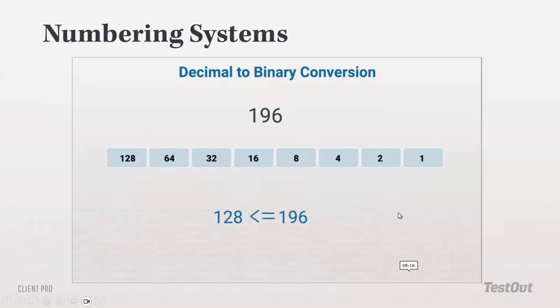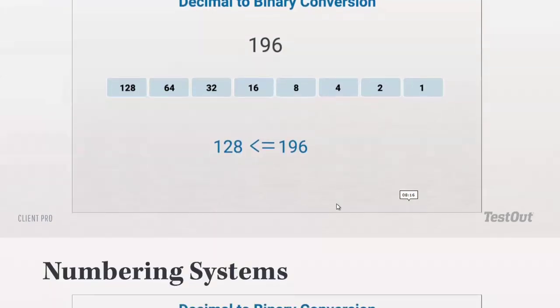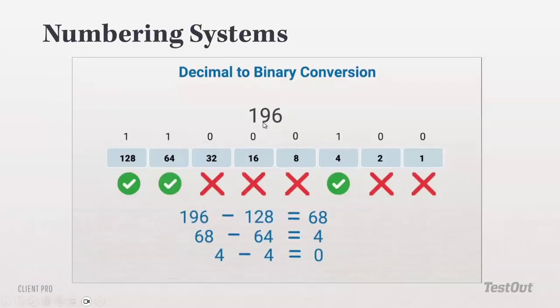Now, you may also have a conversion the other way, where you're going from decimal to binary rather than from binary to decimal. Well, let's start here with 196. You start at the top, the left-hand side. Does 128 fit into 196?